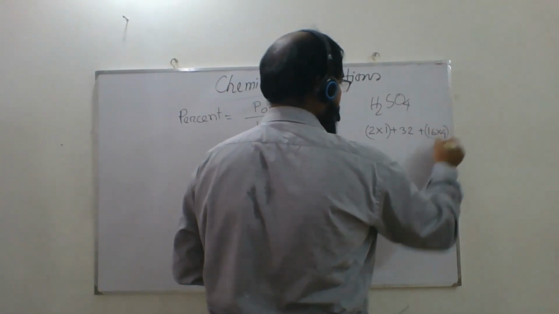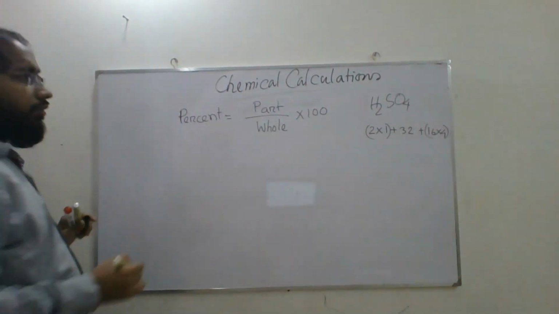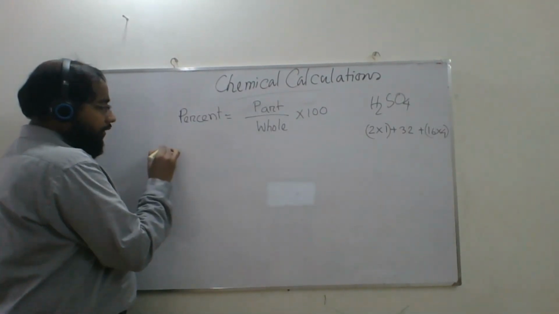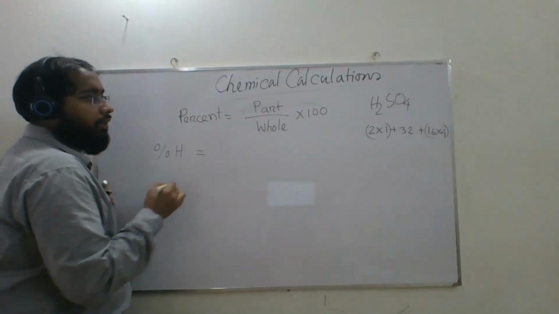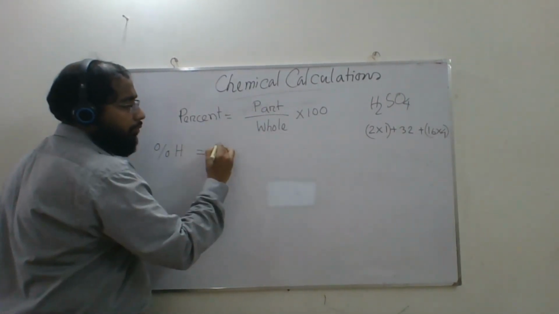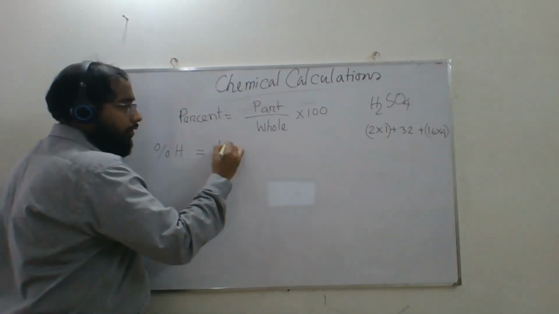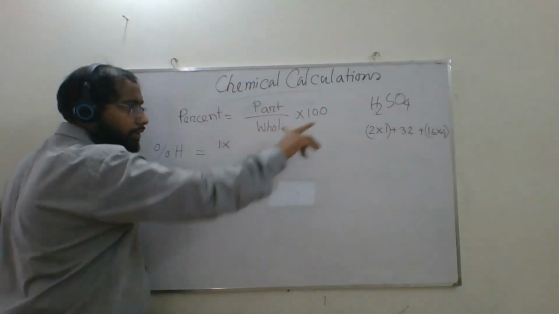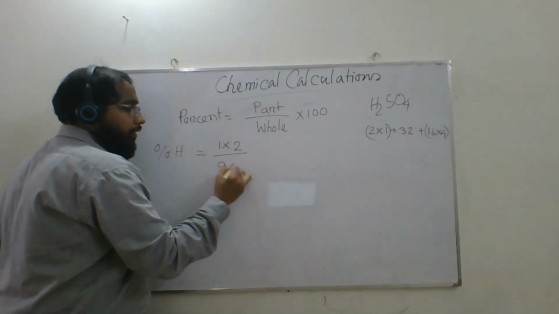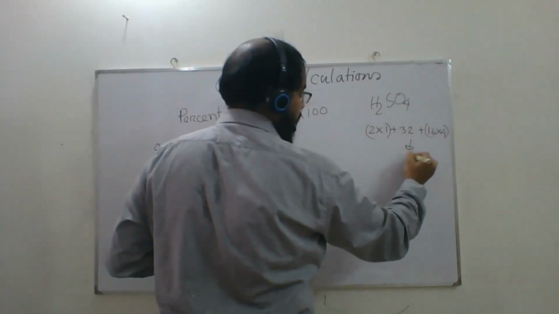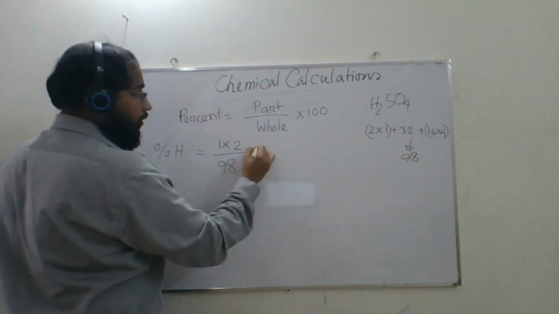So if I want to calculate the percent of hydrogen in sulfuric acid, I need the part, that means 1 hydrogen into how many hydrogen atoms there are, 2, divided by the whole, 98, into 100.